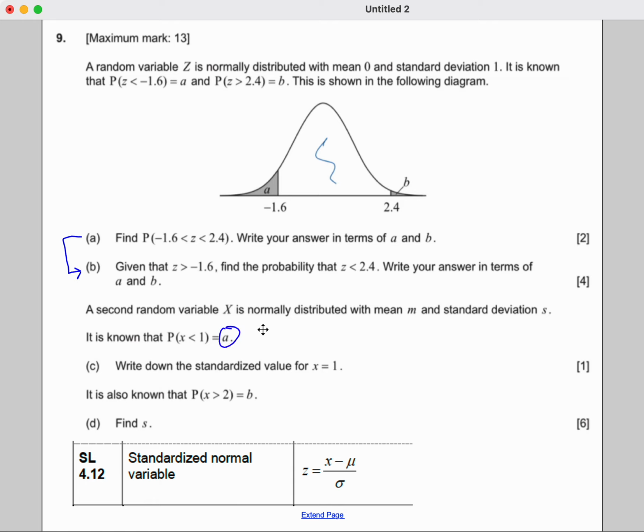And here they reference A, right? Well, this A is this area. Before we started, I just wanted to make that point, right? They said A here, they are talking about this area.